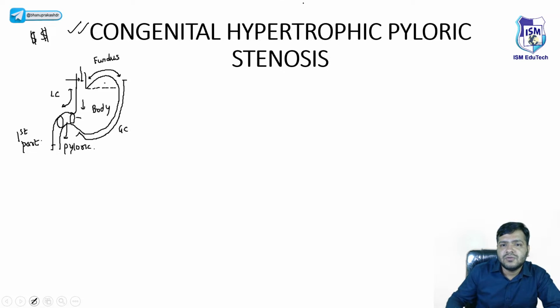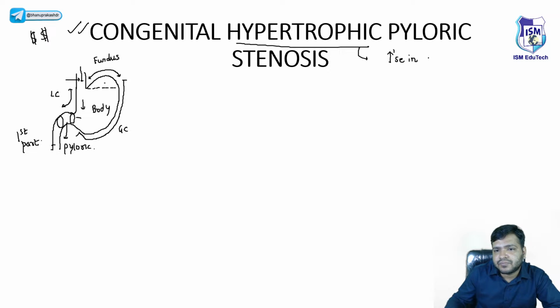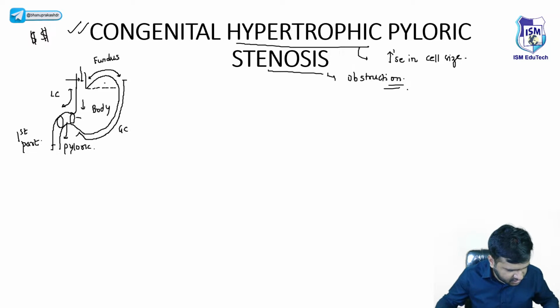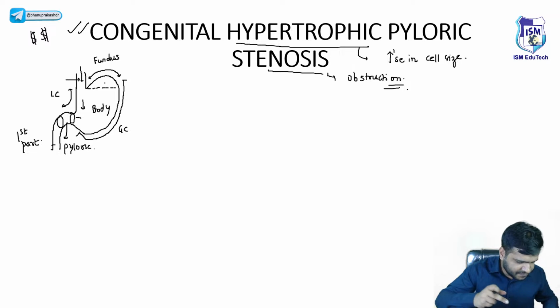I'll just write it for you so that you guys should know that hypertrophic basically means we have the increase in cell size, right? And stenosis का मतलब होता है बेटा obstruction. Stenosis means obstruction.